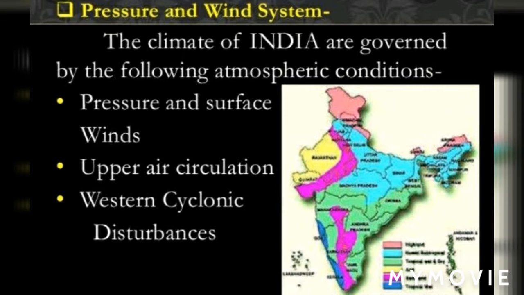These winds originate from the subtropical high pressure belt of the northern hemisphere. They blow south, get deflected to the right due to the Coriolis force, and move onwards towards the equatorial low pressure area. Generally, these winds carry very little moisture as they originate and blow over land. Therefore, they bring little or no rain.